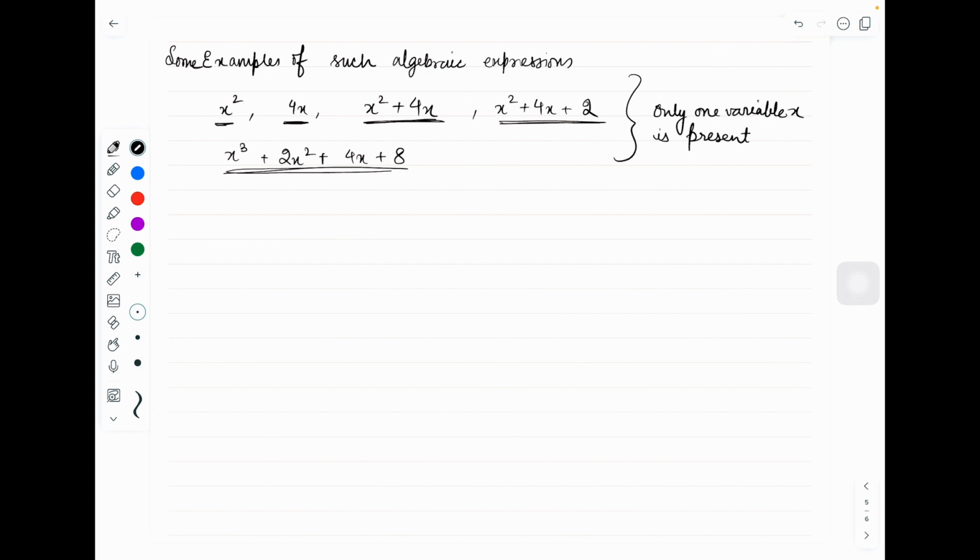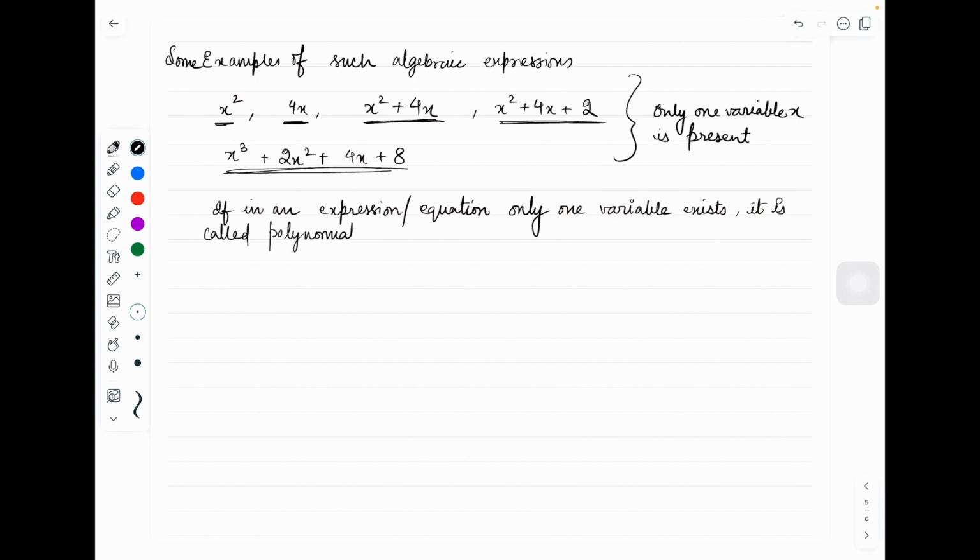So if in an expression or equation only one variable exists, it is called a polynomial in one variable.